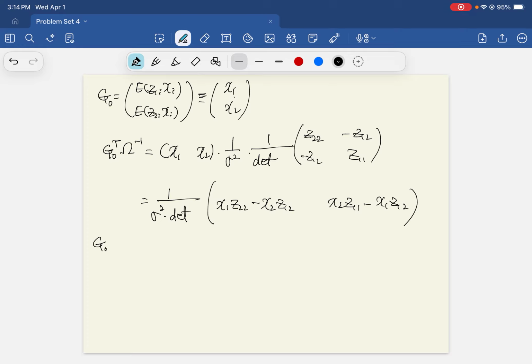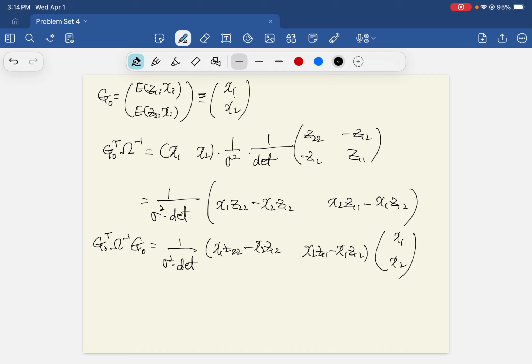Now you additionally multiply G0 to that, right? So in that case, sigma squared times the determinant times z22 minus x2 z12, x2 z11 minus x1 z12 times x1 x2. That is what you are calculating.